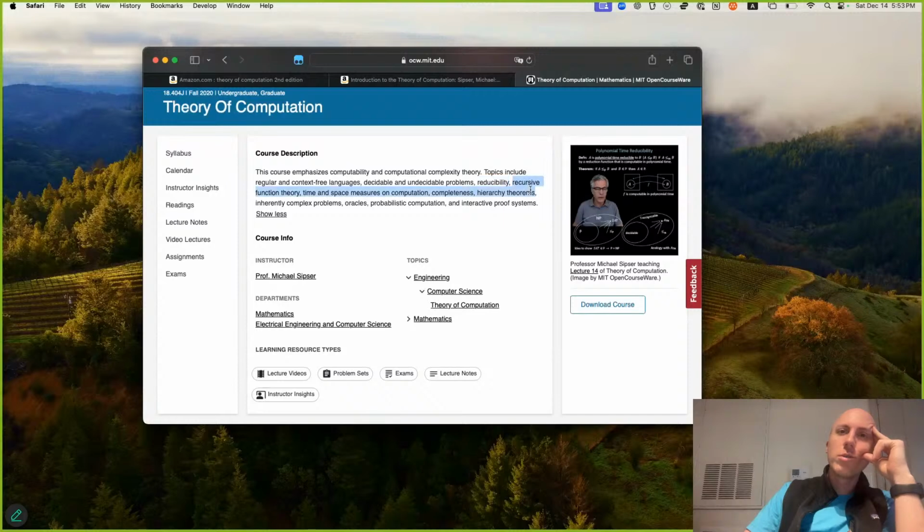We didn't get into reducibility, not recursive function theory. We didn't really get into, what? This is algorithm analysis stuff? Huh. Completeness.